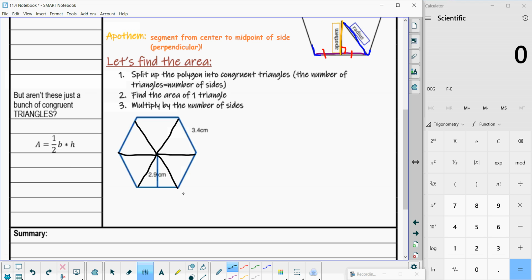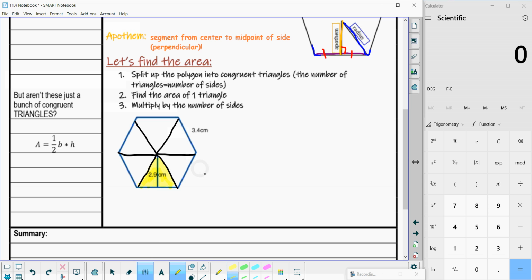I'm going to count this entire triangle as one. And I see that I actually have 5 triangles here that I can split up. You can also split into more triangles. As you can see, I have a little one to the left and to the right here. We just need to find the area of one triangle. I'm going to really focus in on the triangle I highlighted in yellow.